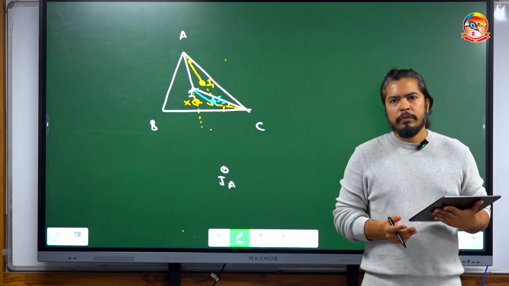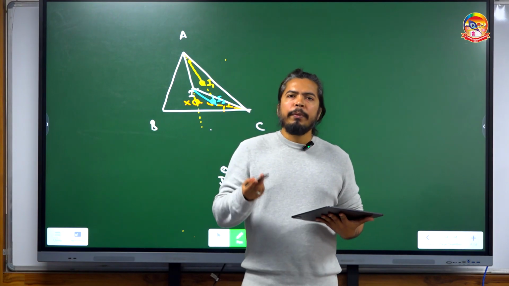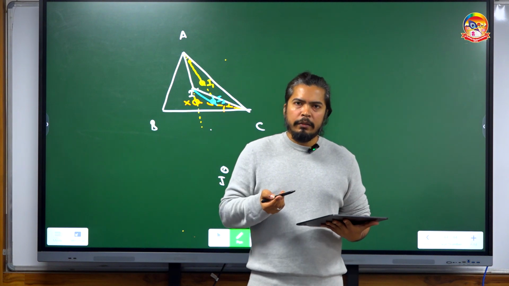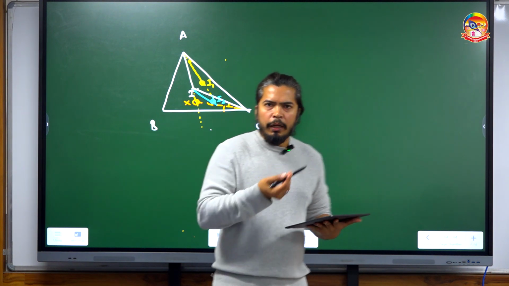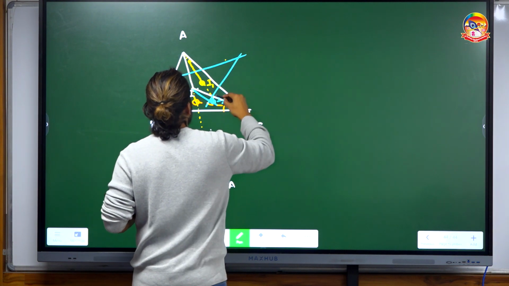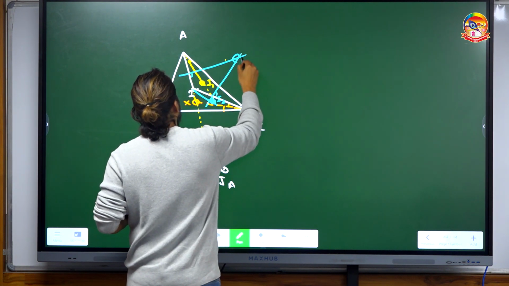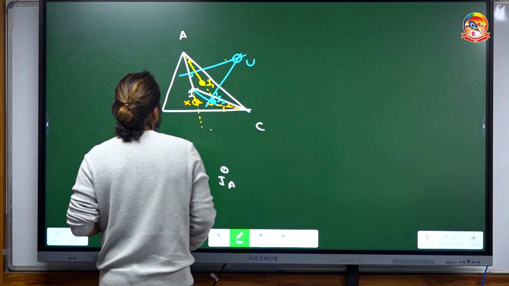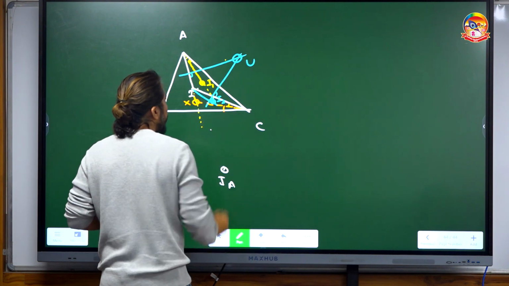Alright. So we found the perpendicular bisectors of AI, BI and CI. Why did we do that? I'll show you. I can find the perpendicular bisector. From there, I can find this point U, which is the center of AIC.